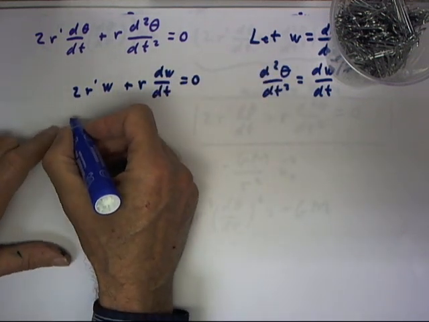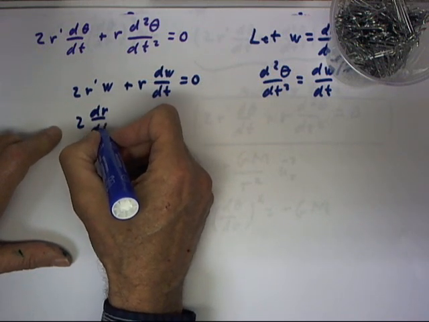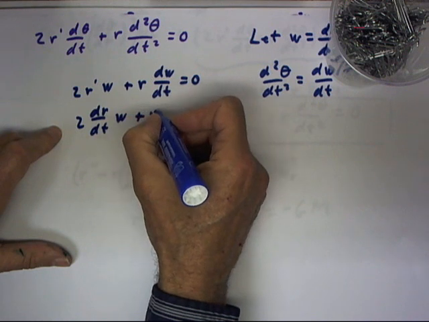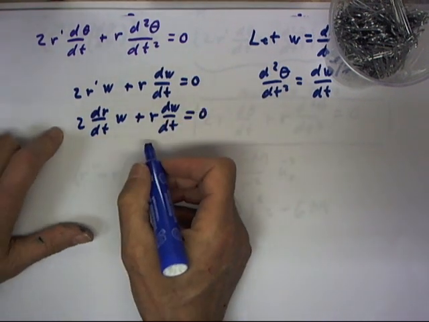I should have written it this way in the first place, but r prime is just dr dt, so we have 2 dr dt w plus r dw dt equals 0.